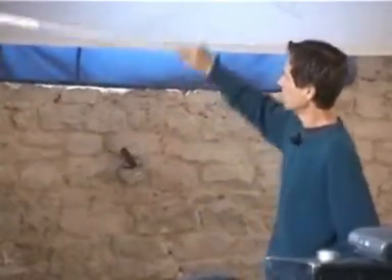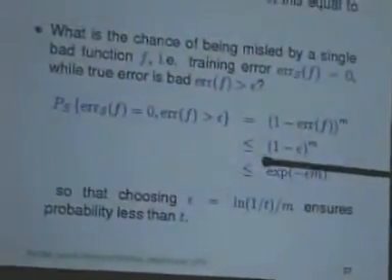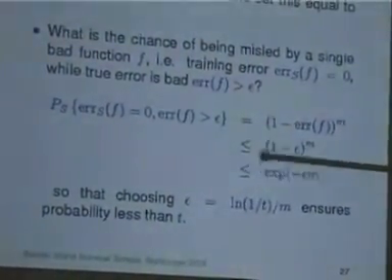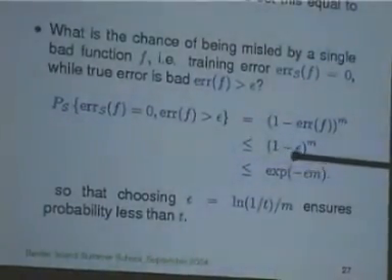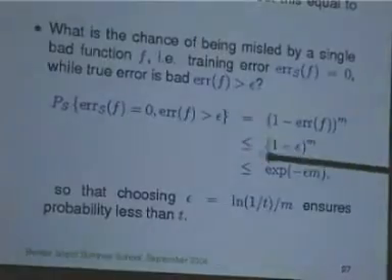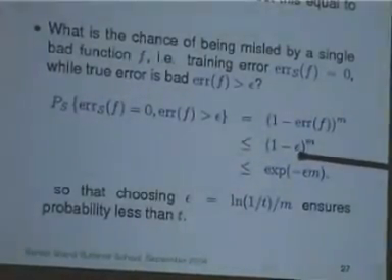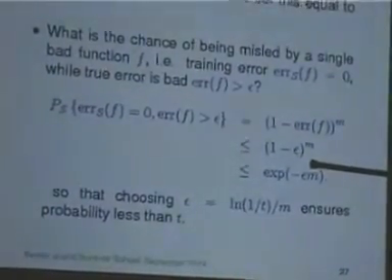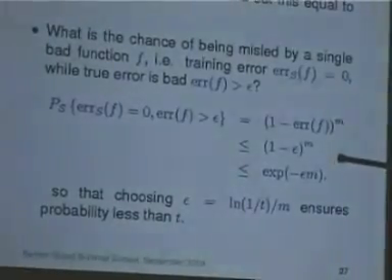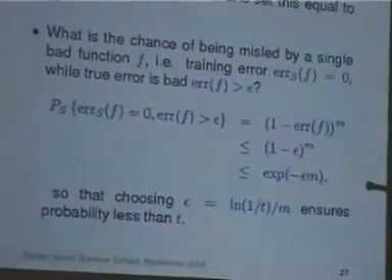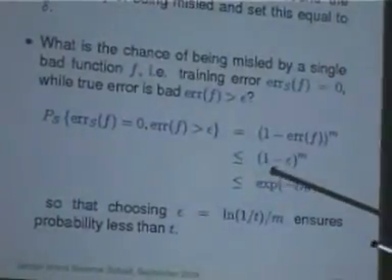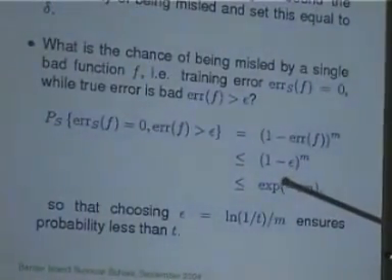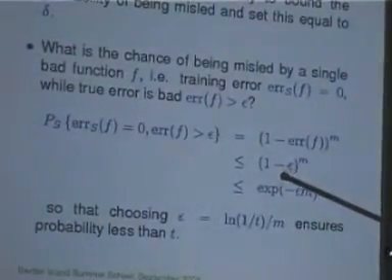Now there's a step from this expression to this expression, which is very often used. 1 minus epsilon, we could imagine making a bit bigger by expanding it as 1 minus epsilon plus epsilon squared over 2 factorial minus epsilon cubed over 3 factorial plus epsilon to the 4th over 4 factorial and so on. That would make it slightly bigger, and that is the expansion of e to the minus epsilon.